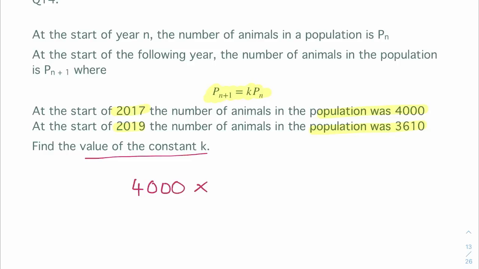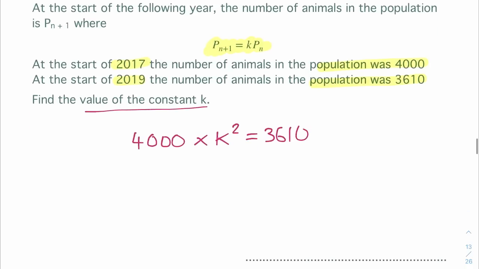We would times that by the value of k, and that would get us to 2018. Then we would times it by the value of k again. Now if we're going to times by k twice, we may as well just write that as k squared, because that's what gets us to 2019. So 4,000 times k squared would then equal 3,610.